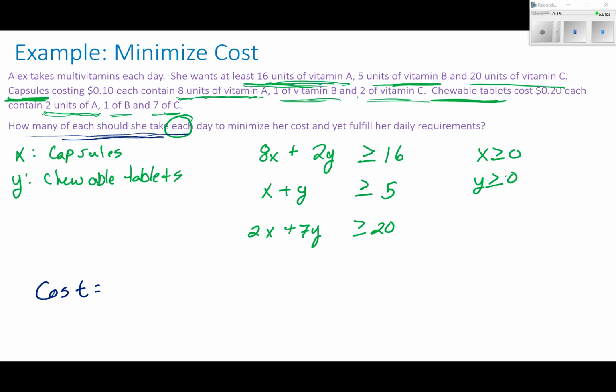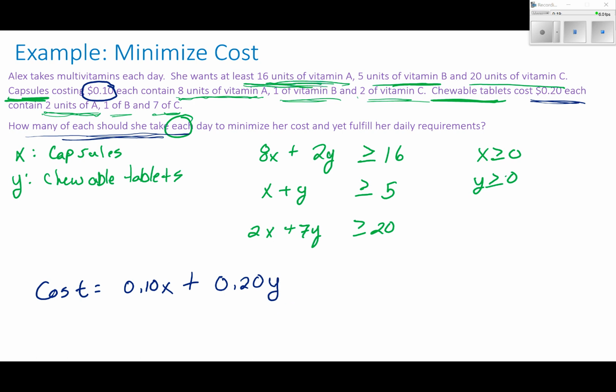So cost is money. I know capsules are 10 cents each, so I can rewrite this as 0.10x plus I have 20 cents each for the chewable tablets, so plus 0.20y.